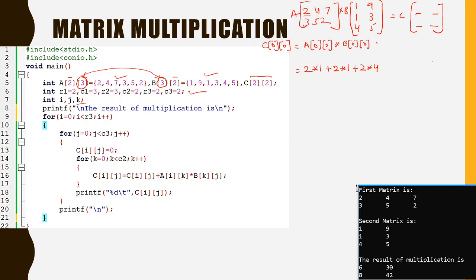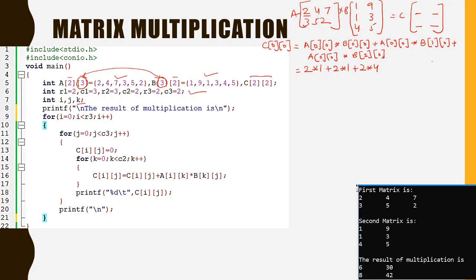So this is A00 multiplied by B00, plus A00 multiplied by B10, plus A00 multiplied by B20.